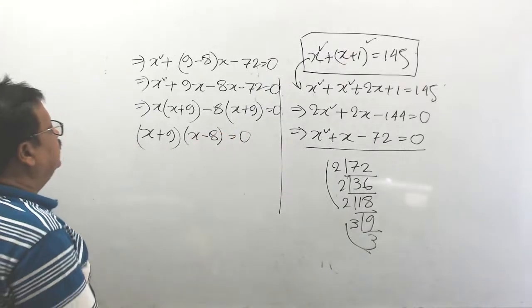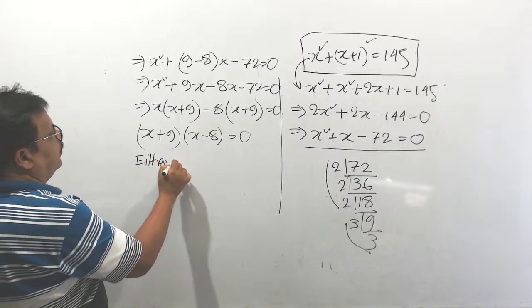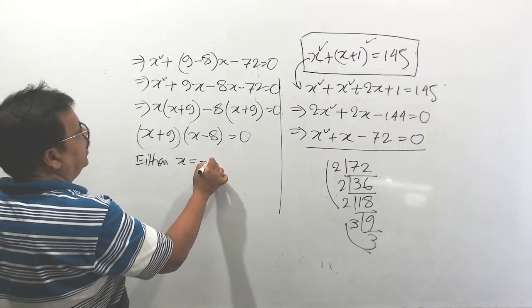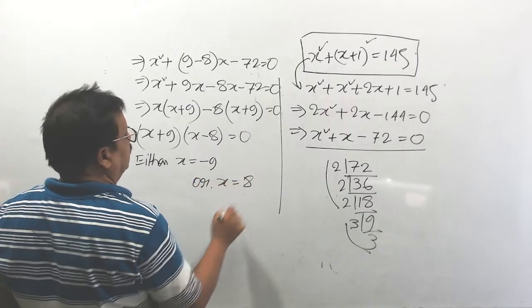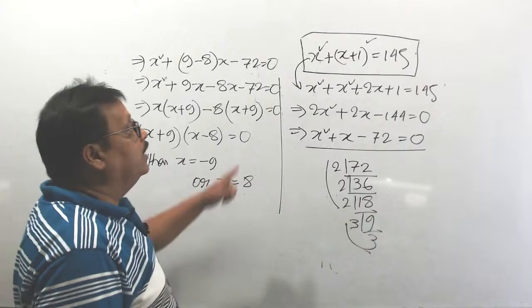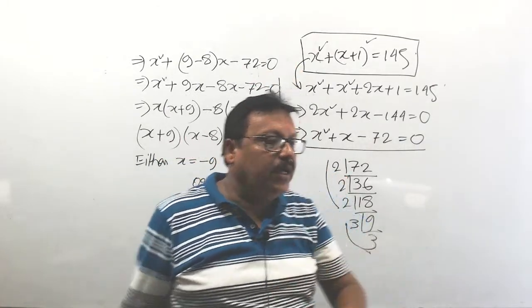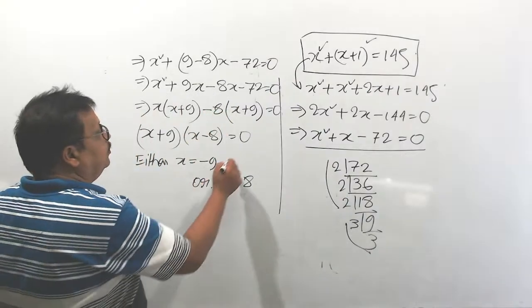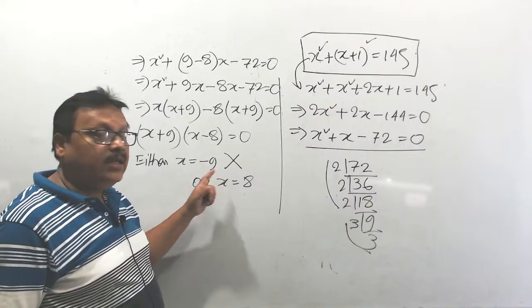Okay? Either x is equal to minus 9 or x equal to 8. But since x is what? A natural number. Okay, x is a natural number. So, it is not acceptable. Correct?